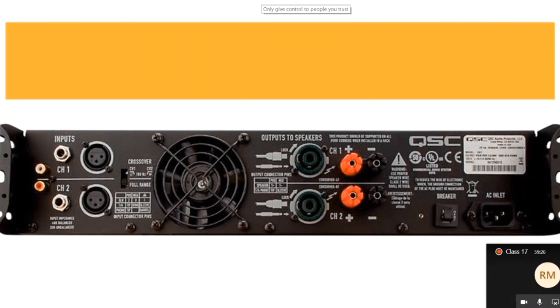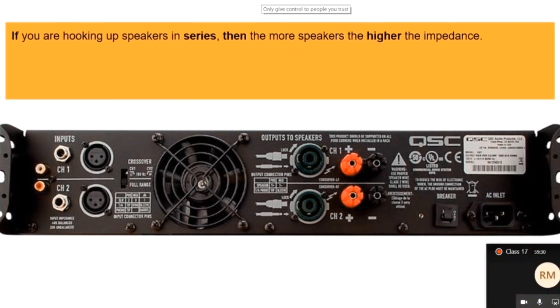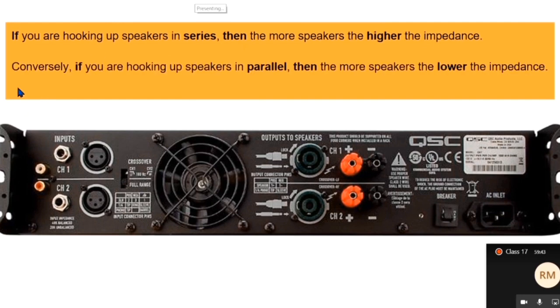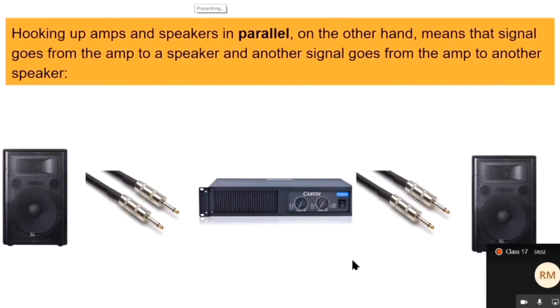Here's my shorthand I came up with. If you are hooking up speakers in series, then the more speakers, the higher the impedance. And conversely, if you are hooking up speakers in parallel, then the more speakers, the lower the impedance. So that means that this system here has lower impedance than this system here.